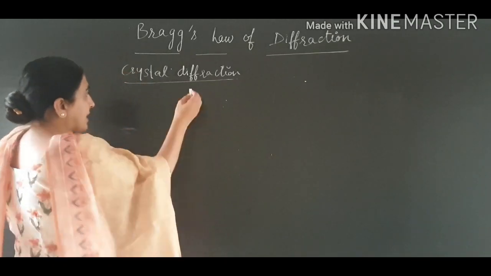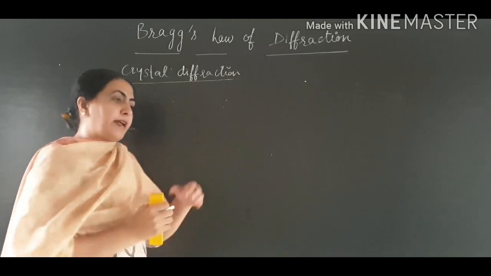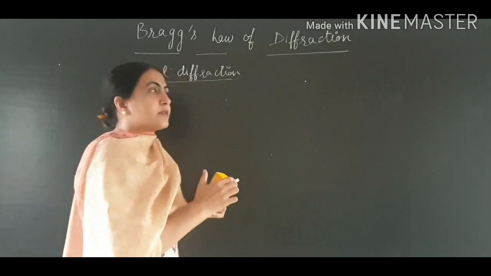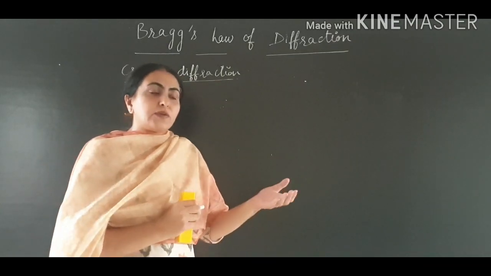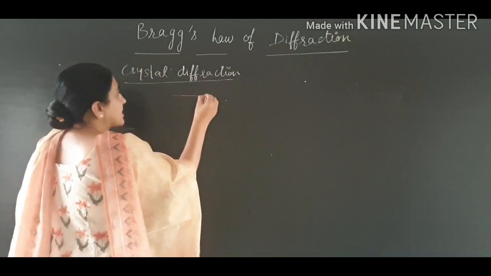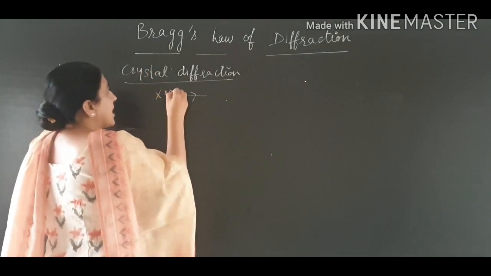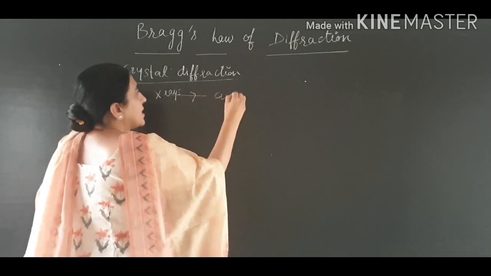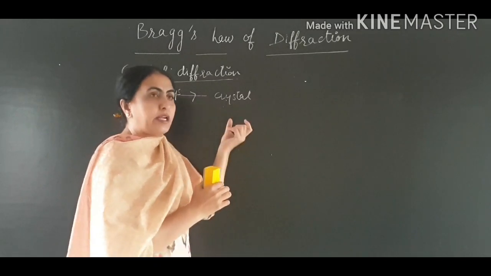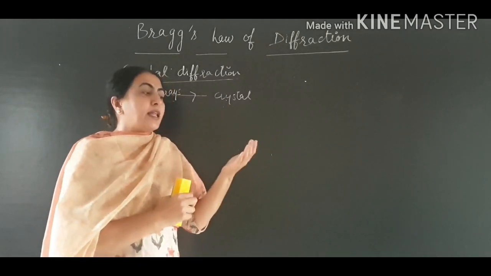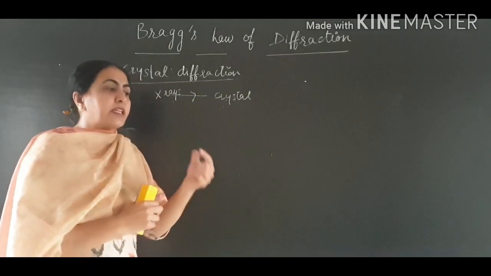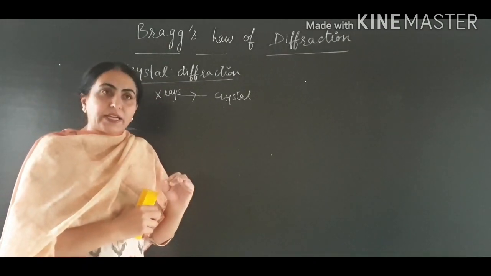So when X-rays are incident on a crystal, the crystal has atoms or molecules, and in an atom there are electrons. X-rays are electromagnetic waves, so they have an electric field as well as a magnetic field.